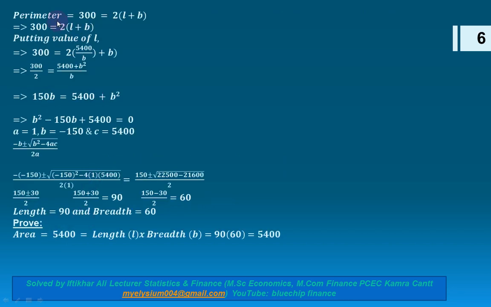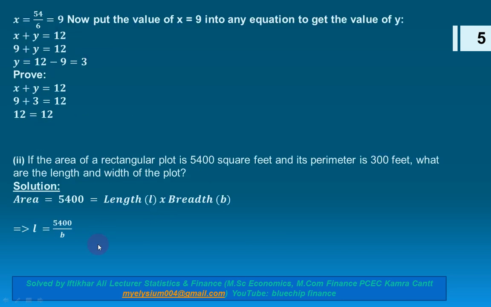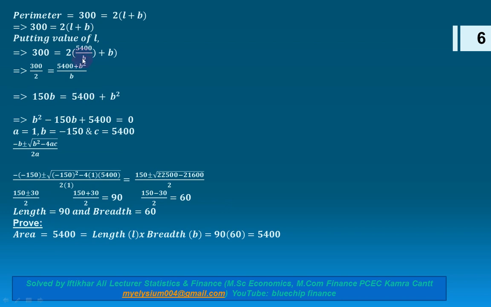After that, perimeter is equal to 300, equals 2 multiplied by length plus breadth. So putting the value of L into the equation, as you know that L is equal to 5400 divided by B, we just put the value of L here.